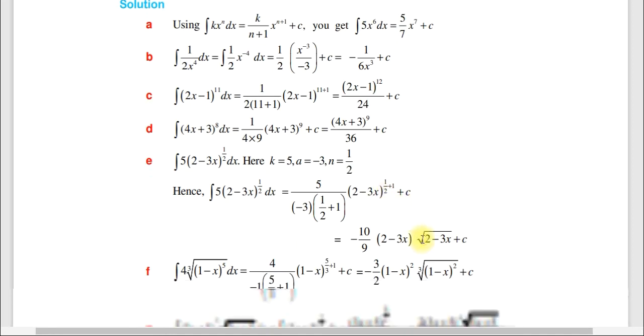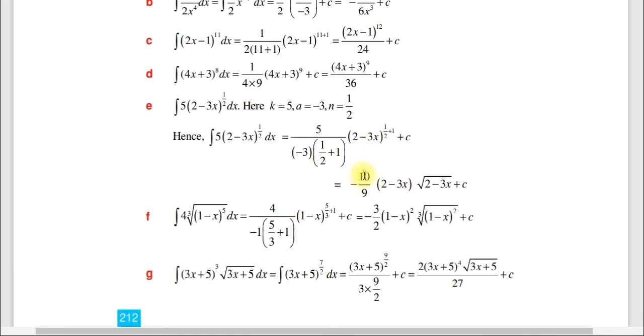Rearranged, it is minus 10 over 9 into 2 minus 3x under the radical, since the power of 1 over 2 is just a root.